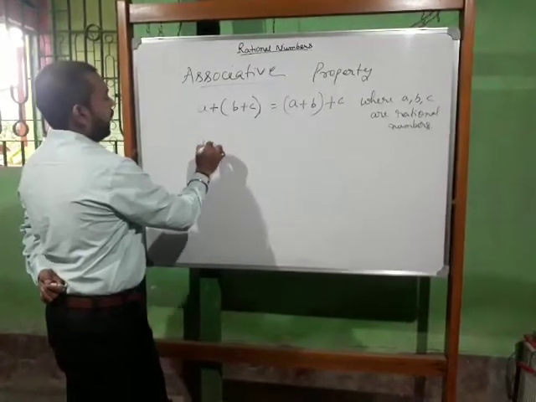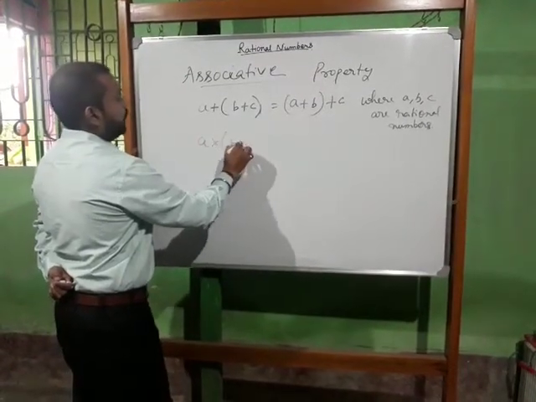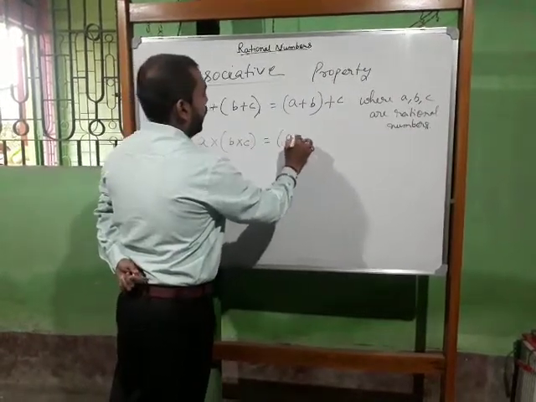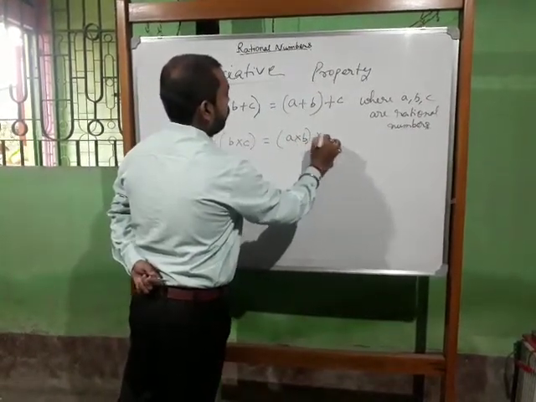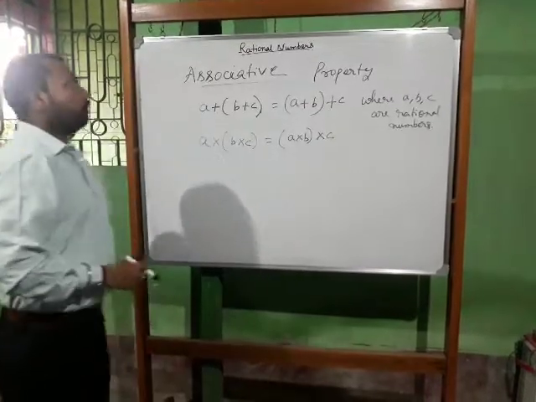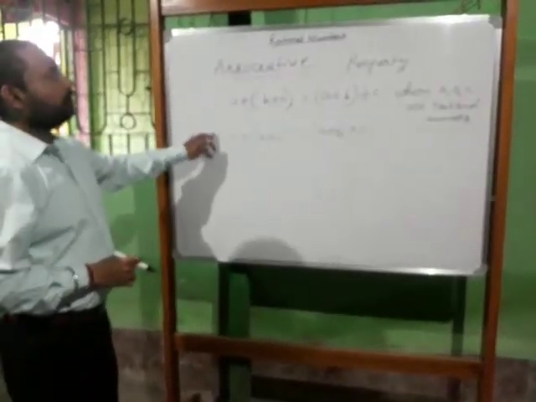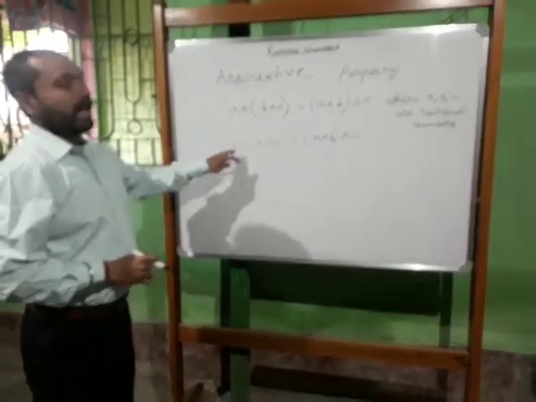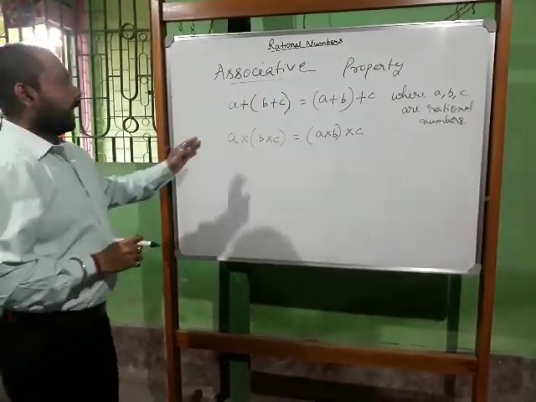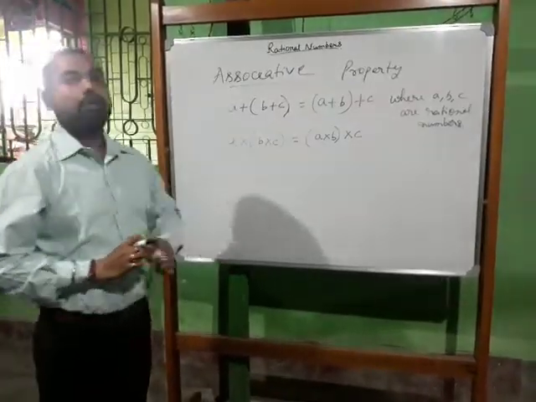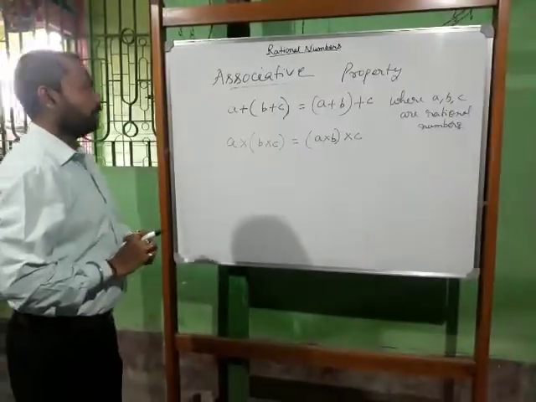Again, (a × b) × c is equal to a × (b × c). So this is associative property, and associative property exists for both addition and multiplication. Again, for division and subtraction, associative property is not applicable for rational numbers.